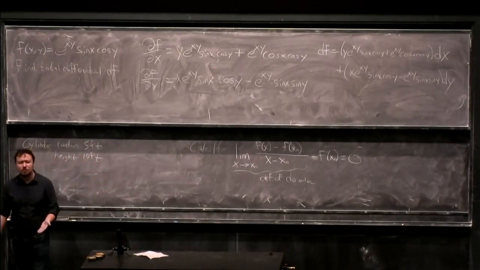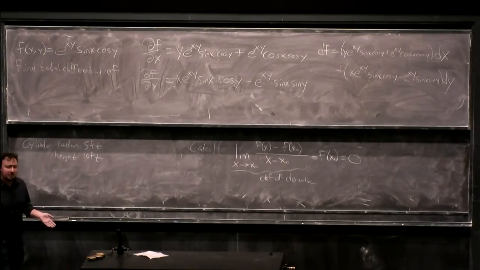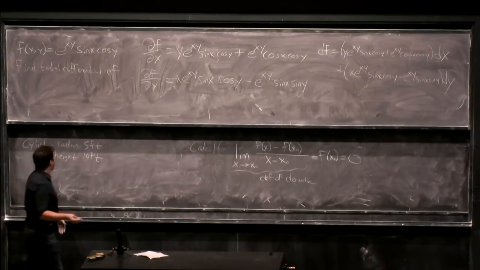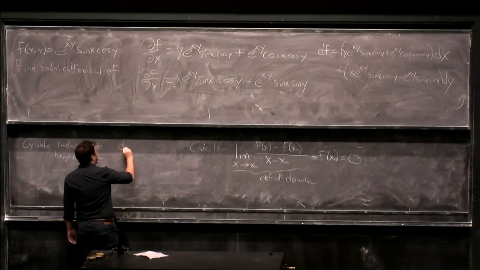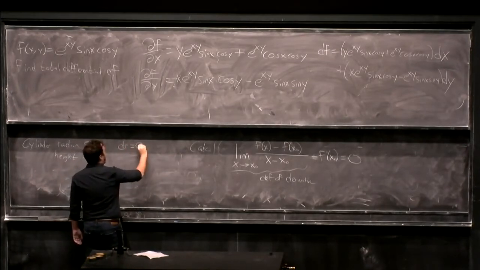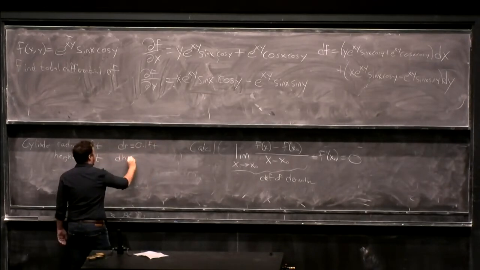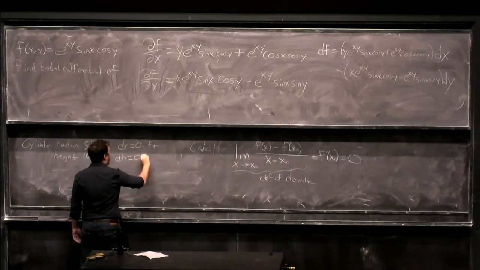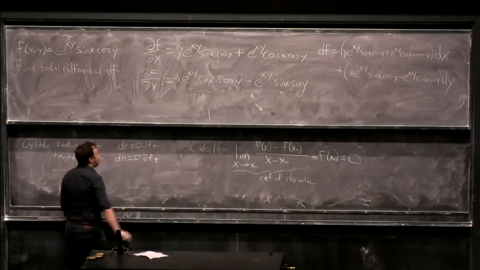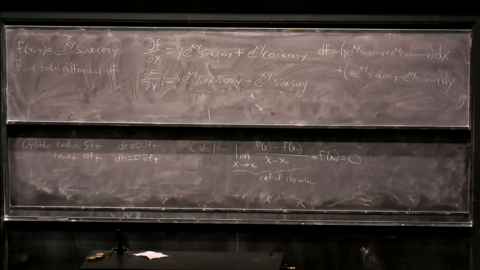Maybe my tools just have the inherent possibility of error, or maybe there was human error. But the error in the radius, so dr, can be up to 0.1 feet. And the possible error in my height can be up to 0.2 feet. That's the maximum error that we can have in each of the inputs.